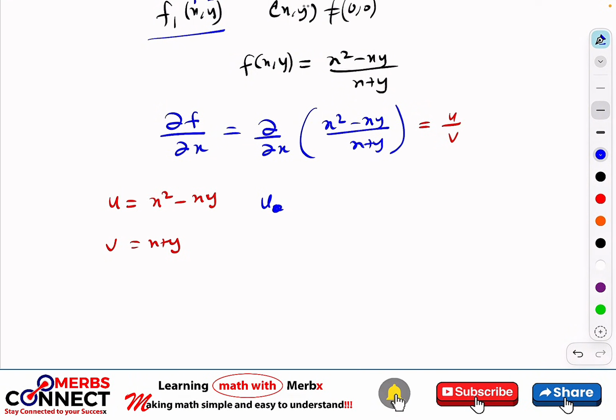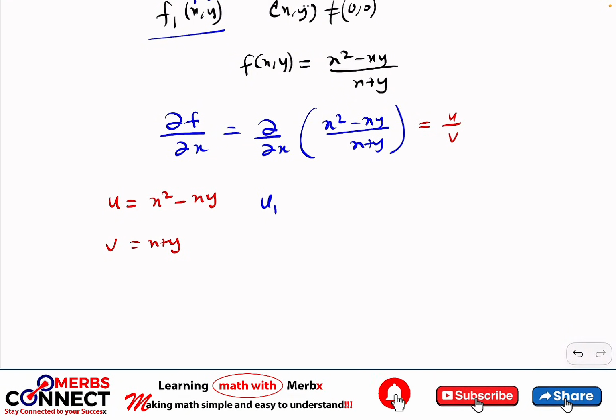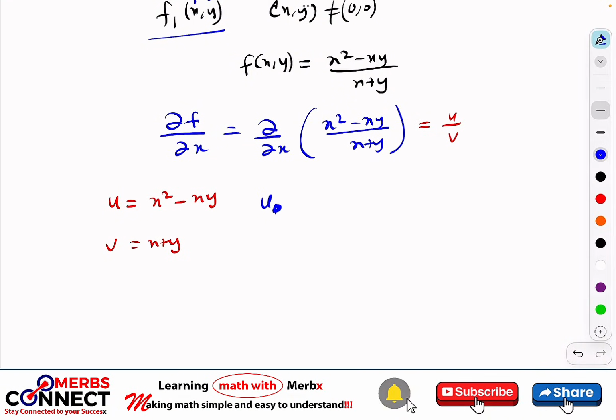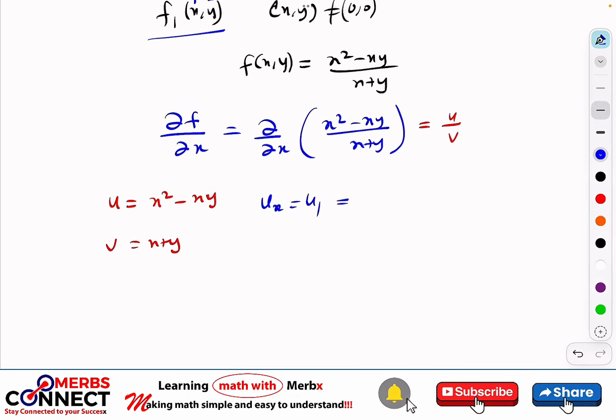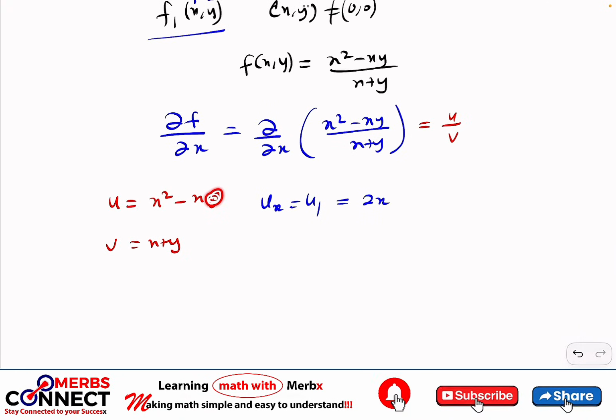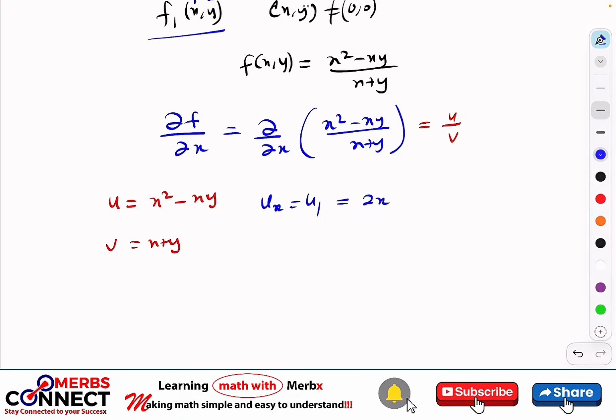So let me use 1 because we are using 1. Okay, let me use x so that you know what we are doing here. But don't forget this is the same as u1. So with respect to x, when I differentiate x squared, I get 2x. Now y is constant, and when I differentiate x, I get 1. So this is minus y. Vx is the same as v1, and this is going to be just 1.